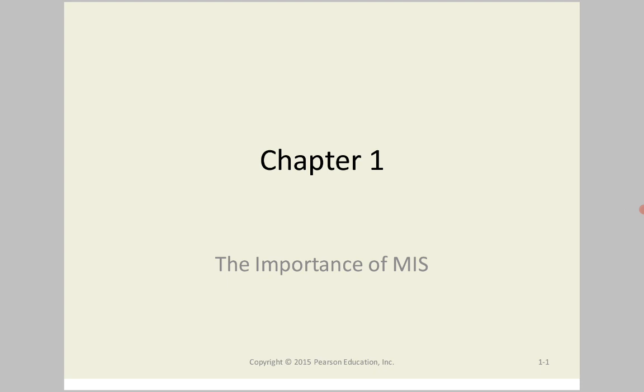What are the main advantages of management information systems in organizations? Why do we require MIS? First, a management information system helps managers to plan and control decisions.